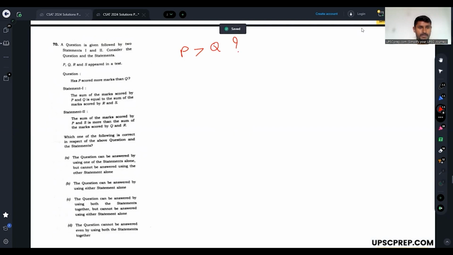The sum of marks scored by P plus S is more than the sum of marks scored by Q plus R.